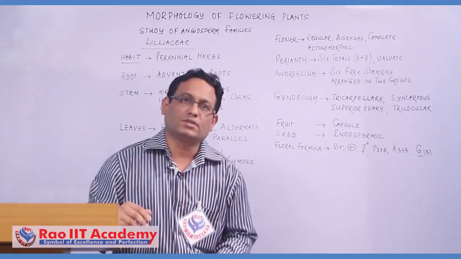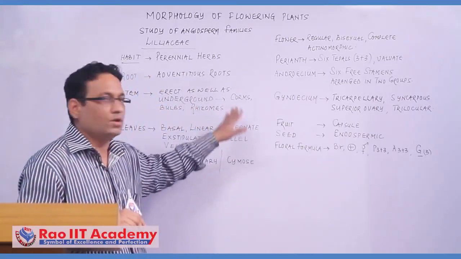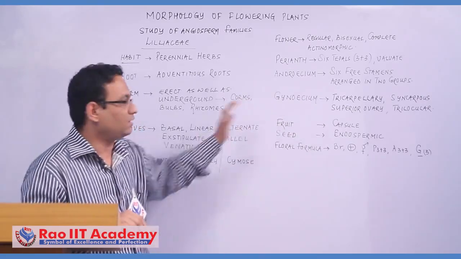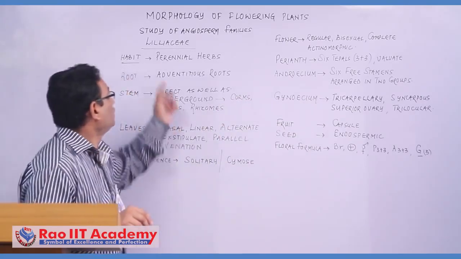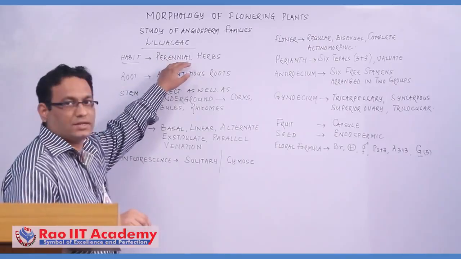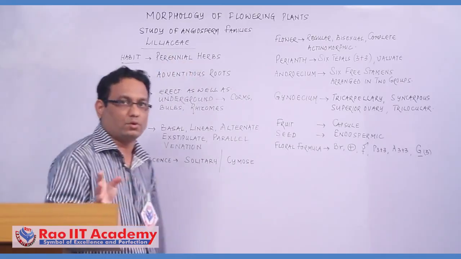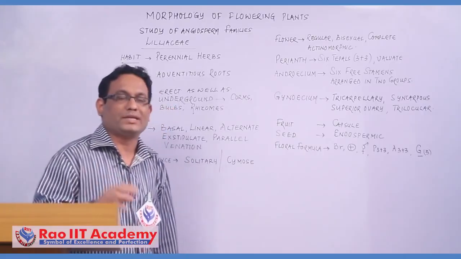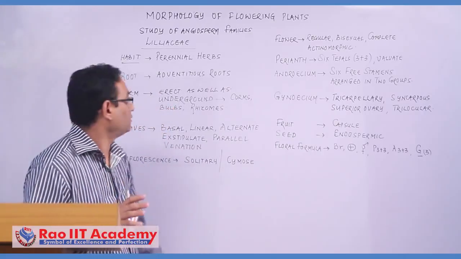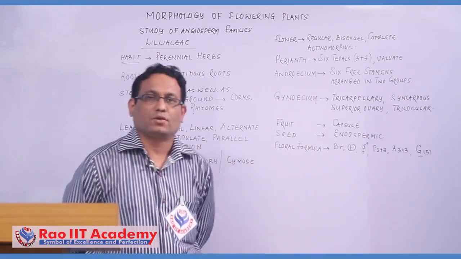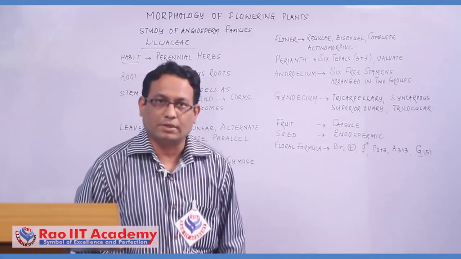As we go through the description of this family, all those unique characters will be studied thoroughly. Firstly, as we understand the geographical distribution, we realize that these plants are found throughout the world. There is no place on earth where they are absent. With the habit, these plants are mostly herbaceous.